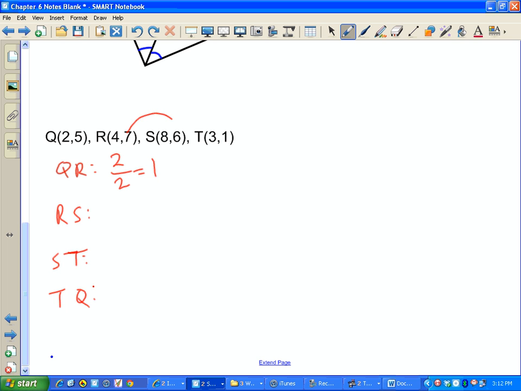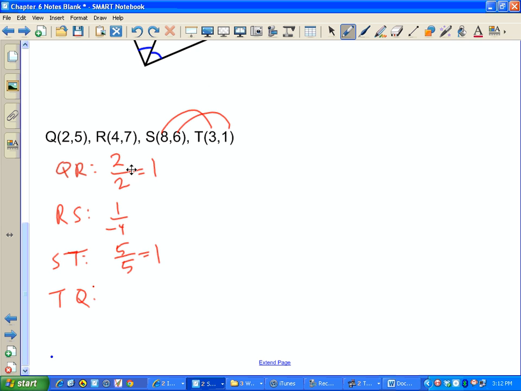RS, I'll go this way: 7 minus 6, 1, and 4 minus 8. Notice I'm always going the same way. If I'm taking 7 minus 6, I have to take 4 minus 8. So I get negative 1/4. Here I'm going to take 6 minus 1, I get 5. 8 minus 3 is 5, so I get 1.